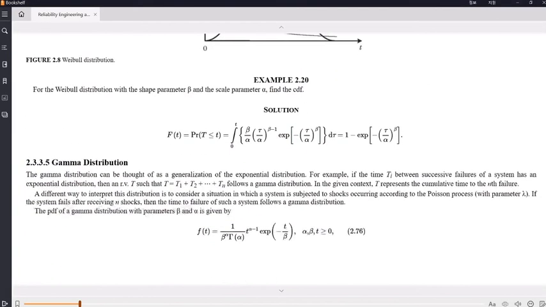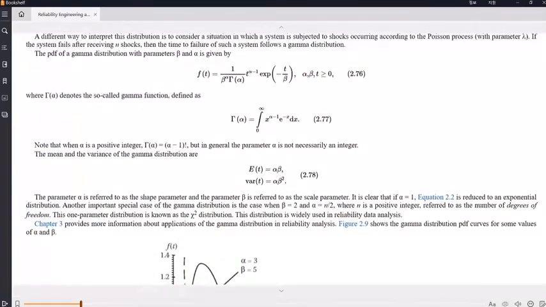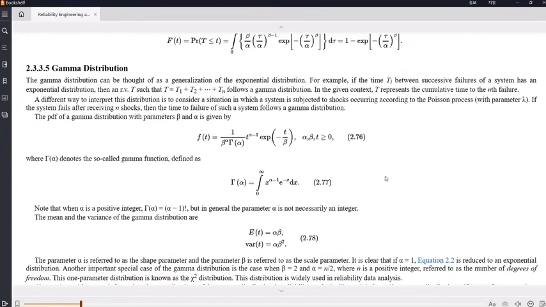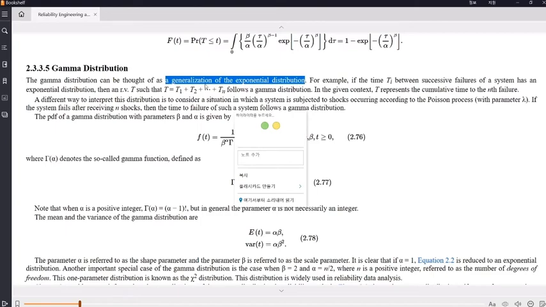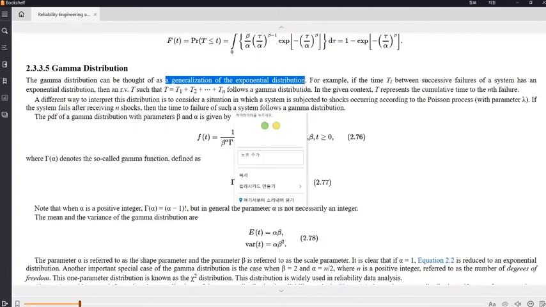After that, we are going to move on to gamma distribution. So previously we have seen that Weibull distribution is a generalization of exponential distribution. In fact, gamma distribution is also another generalization of exponential distribution.